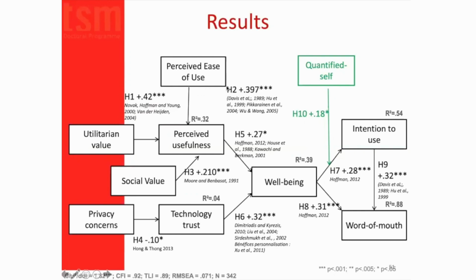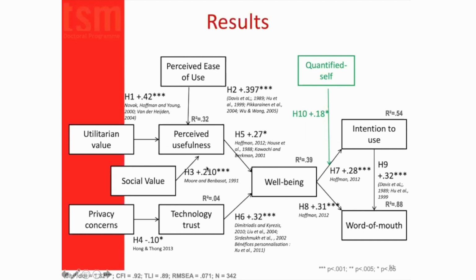We can see also that perceived ease of use has a highly significant positive impact on usefulness. It's the same for social value, as the regression coefficient is positive and highly significant. Privacy concerns have a negative impact on technology trust, but on the other hand, technology trust has a highly significant positive impact on well-being.